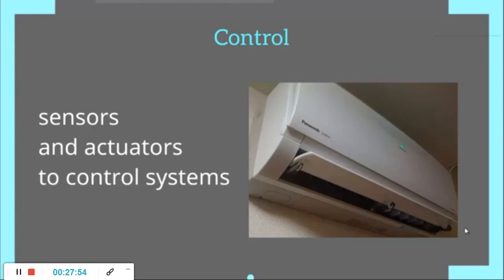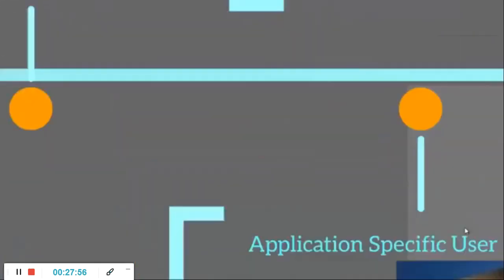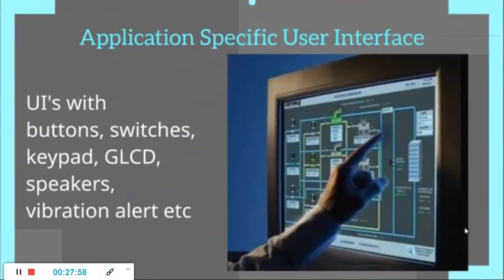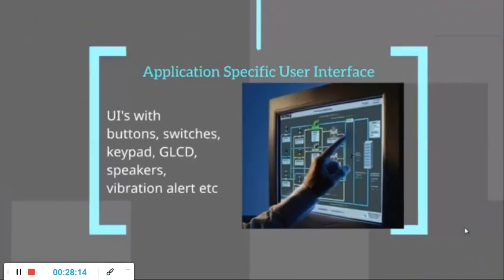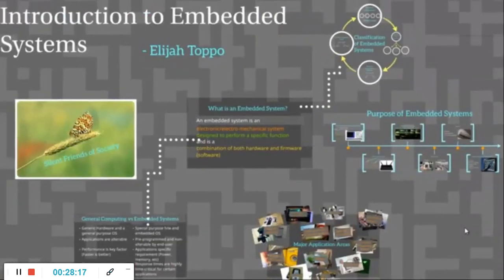An example of this is the air conditioner system. Many consumer and industrial applications now demand customized UIs, user interfaces. UI means user interface for users, where buttons, switches, keypad, a graphical LCD, speaker, and vibrant filters are used.